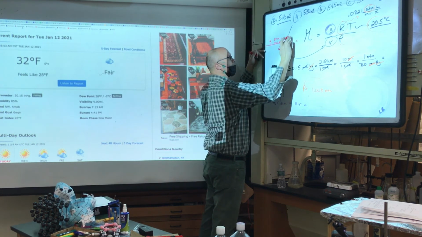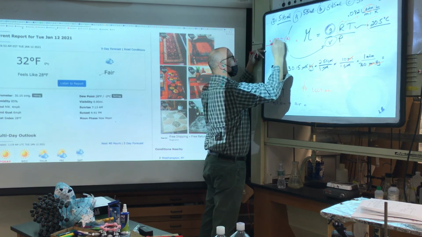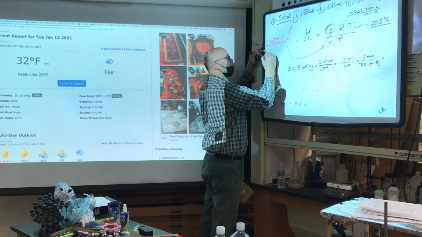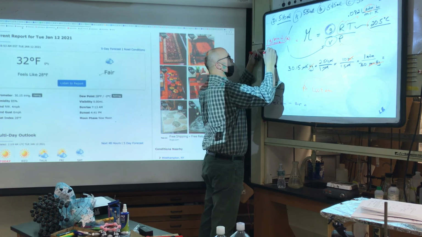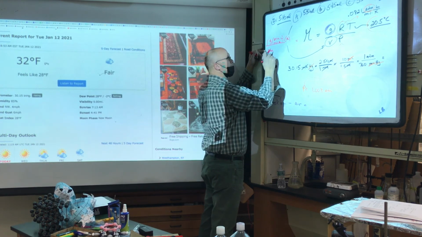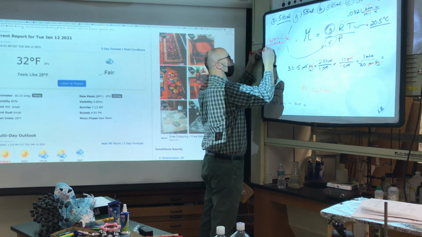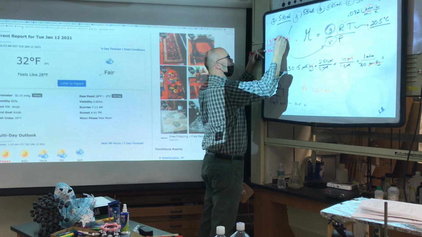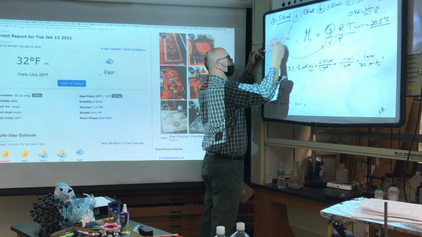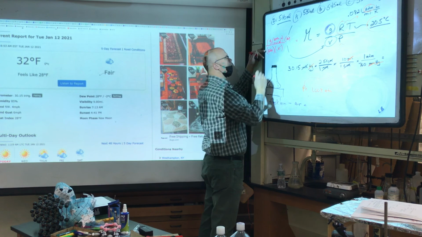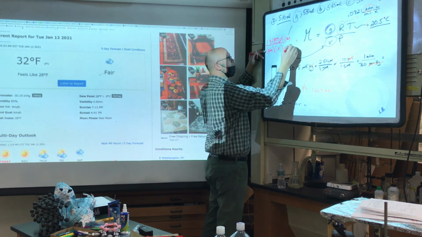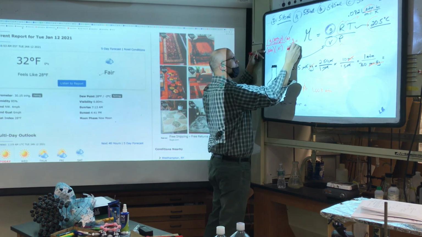This is going to be a temperature in Kelvin. This is going to be pressure in atmospheres, volume in liters. And so everything cancels except grams over moles. And that's the lab.